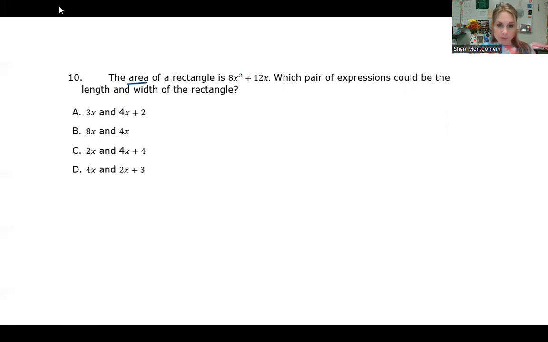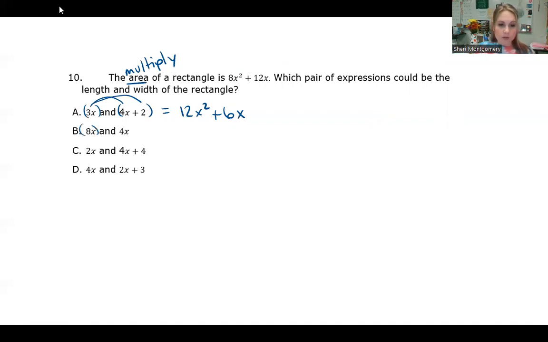If we took 3x and 4x squared, we have to multiply that into both pieces. So 3 times 4 is 12, and x times x is x squared. And then 3 times 2 is 6, and there's just 1 x.